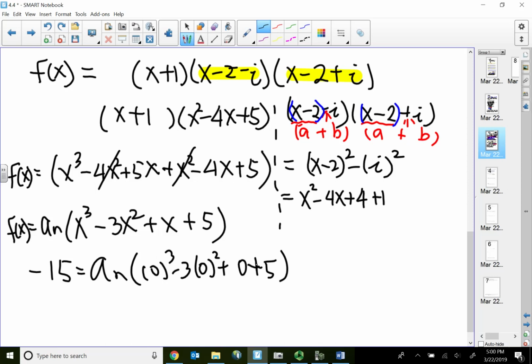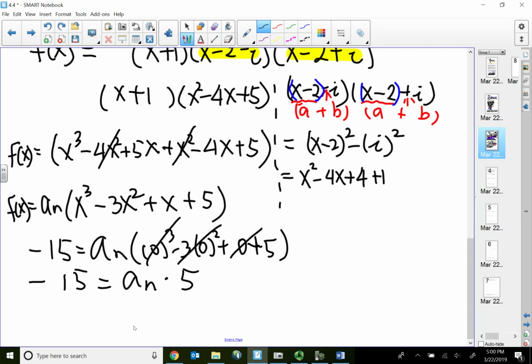So if you know plugging 0 in for all these x's will make all these terms go away, you can just say, well, this is just going to be negative 15 equals the leading coefficient times 5, right? So my leading coefficient by itself, dividing both sides by 5, has to be negative 3. So this leading coefficient has to be a negative 3.